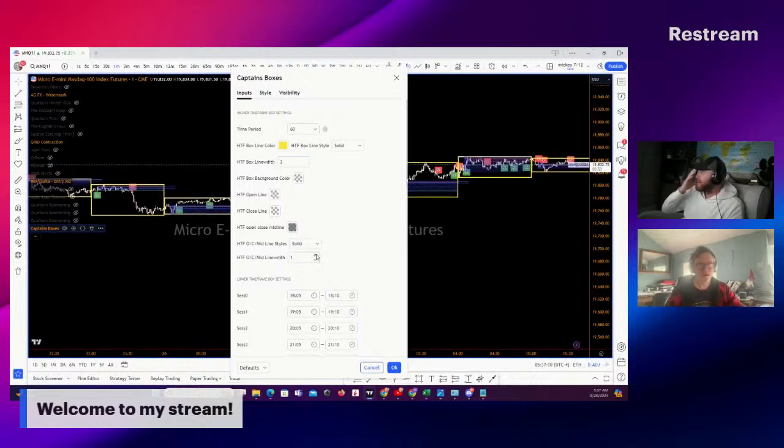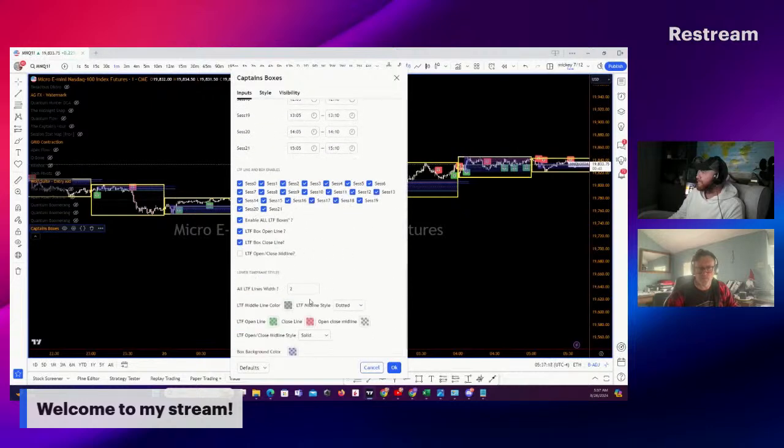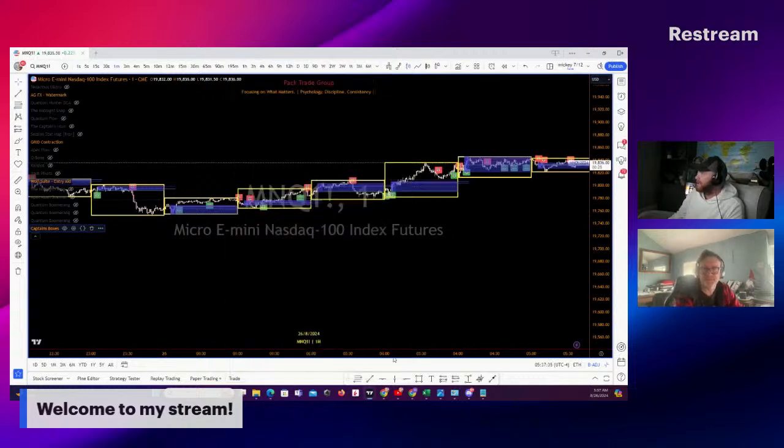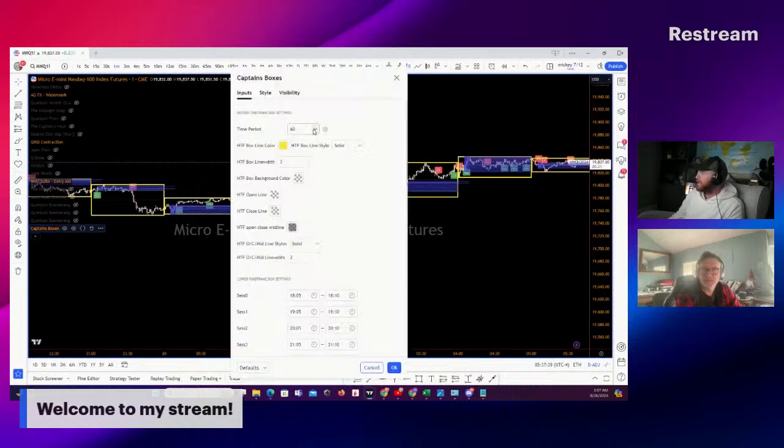I don't really care about the open and the close for the hourlies. That's quite neat, actually, with the dotted border. Everybody has their own taste. All right, now let's try this again and see why.